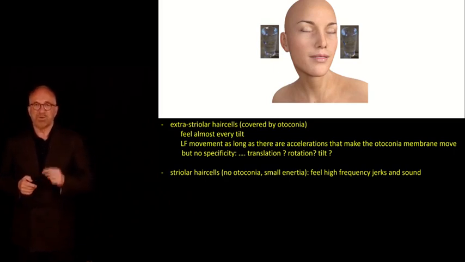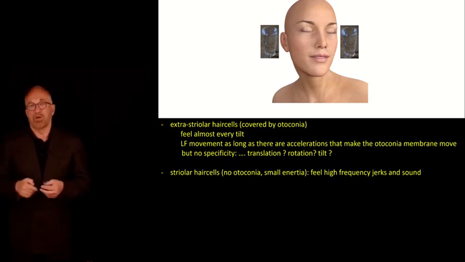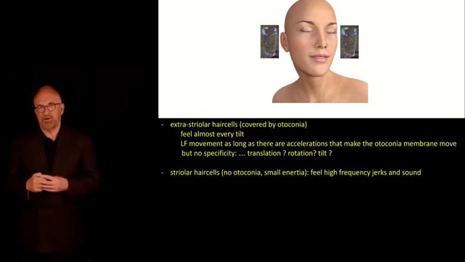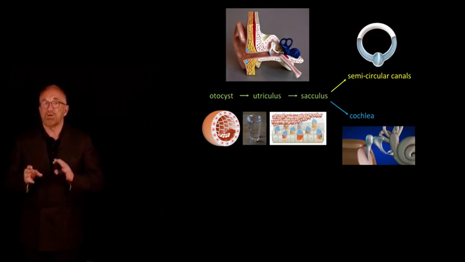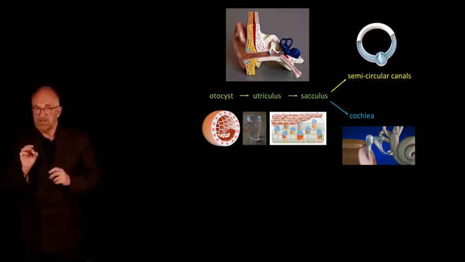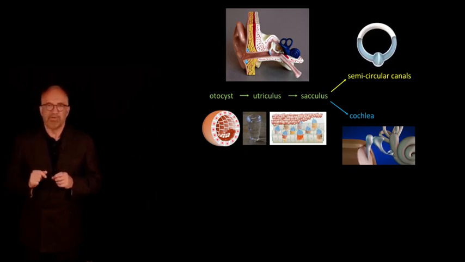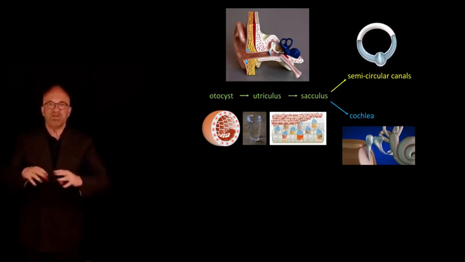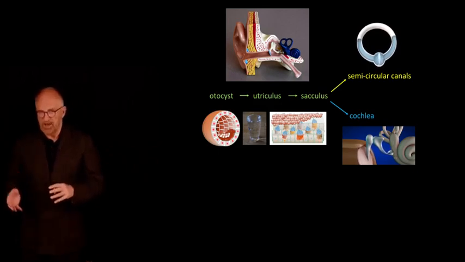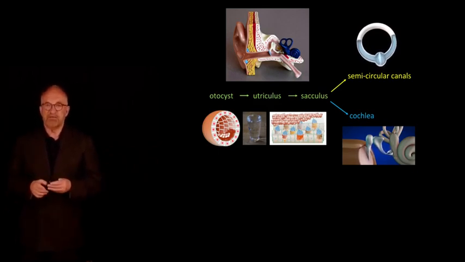We see that also in the development towards a more refined vestibular labyrinth. As I told you, the utriculus and sacculus can also detect sounds, also movement. And especially in lower animals, in frogs, they hear with their sacculus. They don't have a specific organ like a cochlea. They have another kind of intermediate.